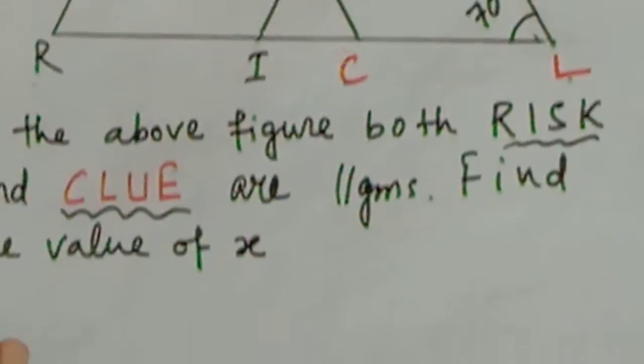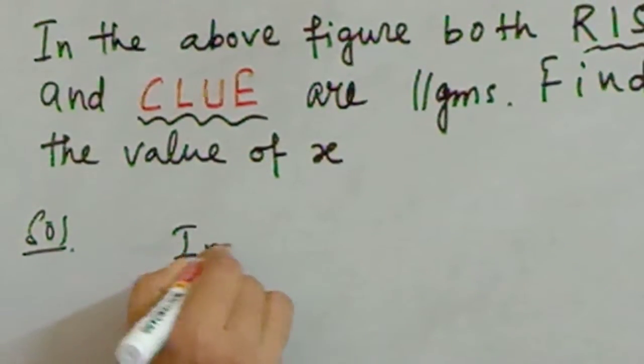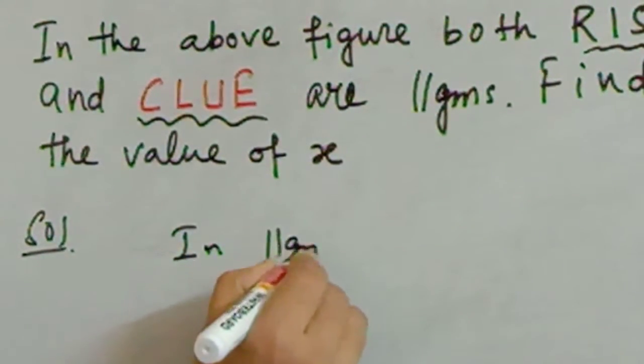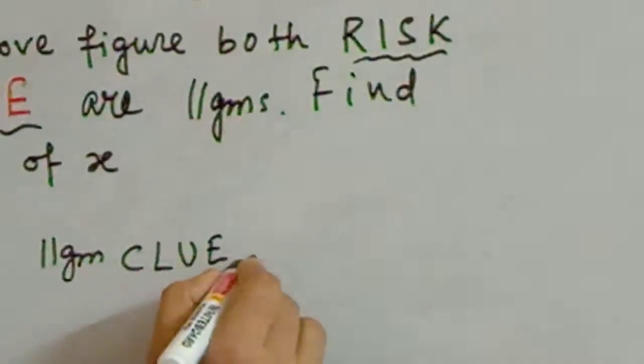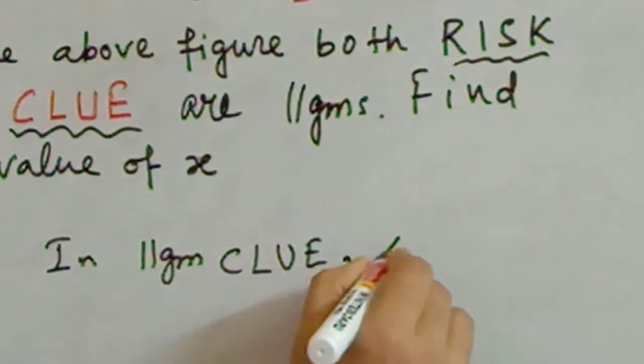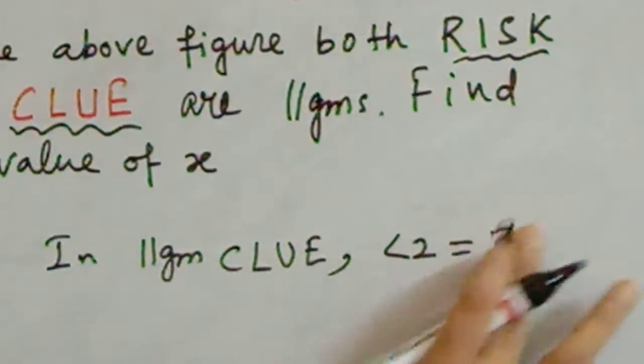Now solution of this sum. In parallelogram CLUE, angle 2 is equal to 70 degrees.